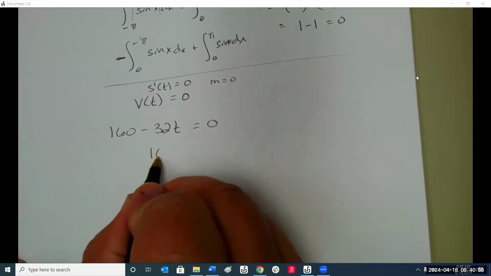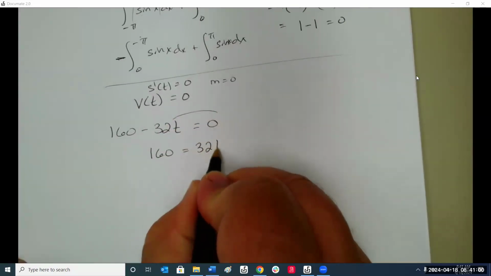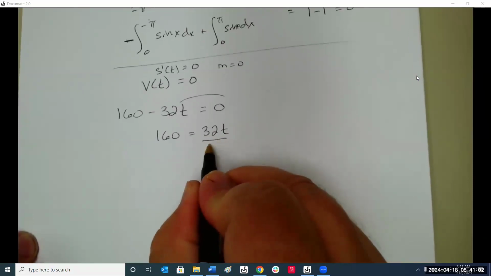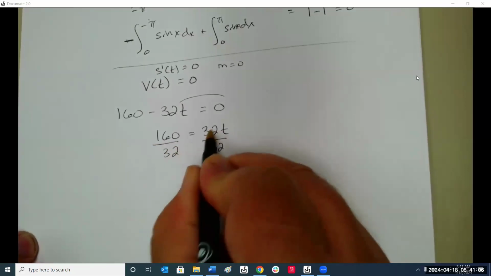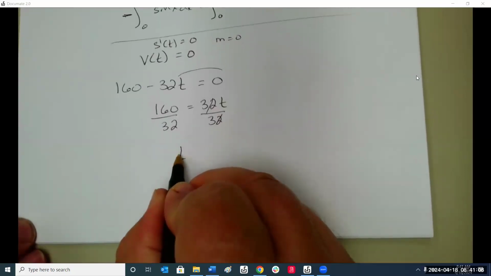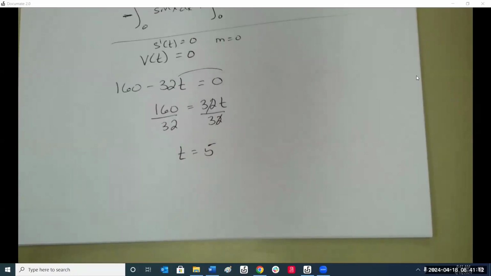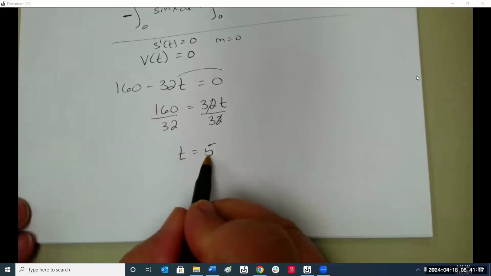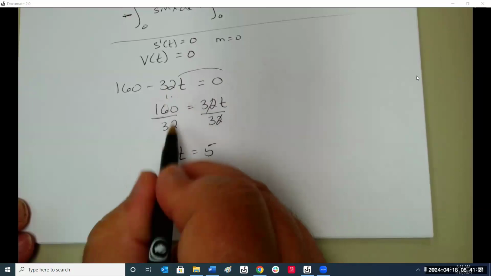So we move the 32 to the other side, divide it by both sides. So time is equal to 5. Five goes into 16 three times with one left over. 5 goes into 10 two.